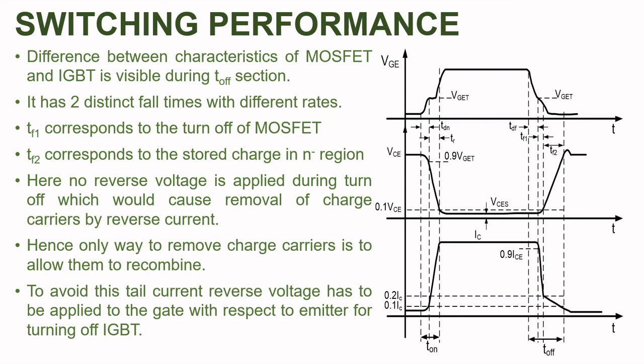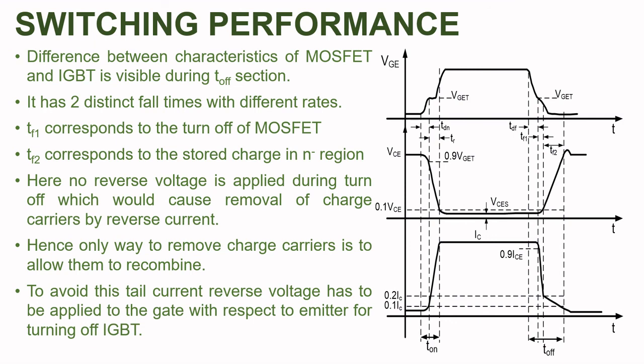Here, for turning off of IGBT, we are not applying any reverse voltage across the IGBT for the removal of these charge carriers by means of reverse current. Hence, the only way to remove the charge carriers is to allow them to recombine. To avoid this tail current, a reverse voltage has to be applied to the gate with respect to emitter for turning off of IGBT.